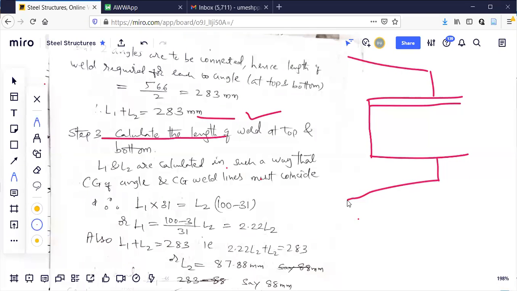So what is this top length here? Since it is not a flat plate but an angle section, the centroid is somewhere here. You will get it as the CX distance in the steel table for this particular angle, which is 31.